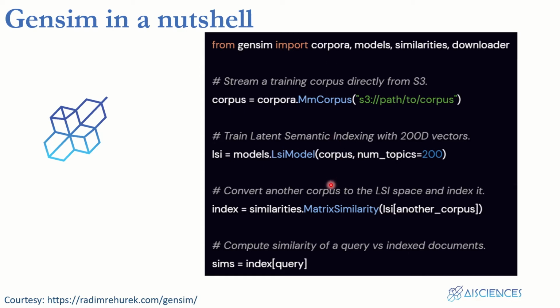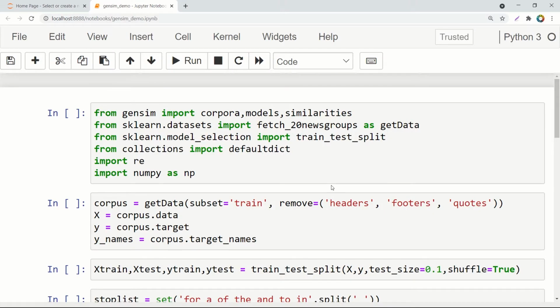Let's build a very cool application in Python using Gensim. Obviously, it's a very basic one, but let's explore some of the basic functionality of Gensim in Python. If you want to install Gensim, just write pip install gensim and you're good to go. There are conda variants and other options as well.